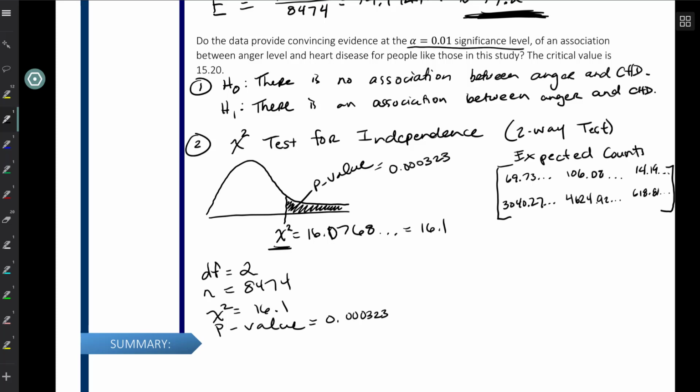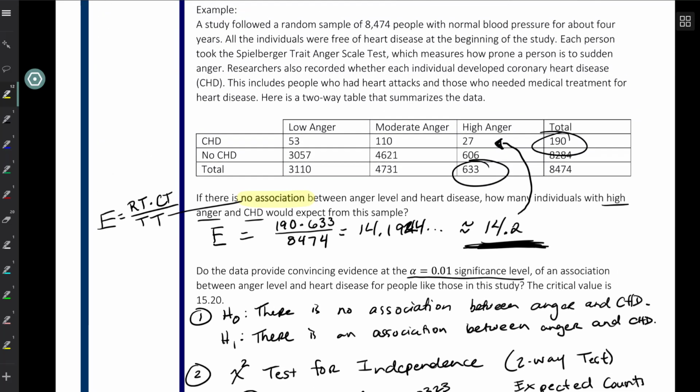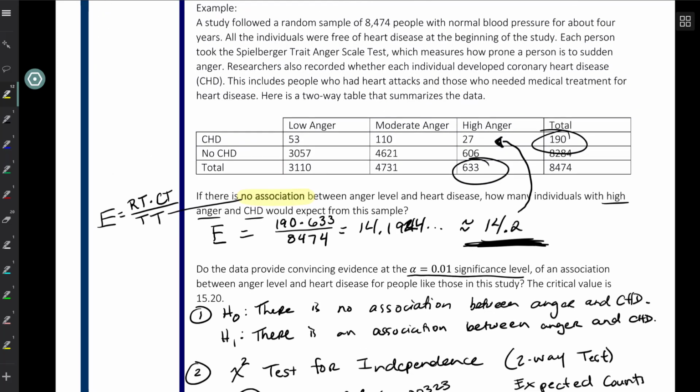Okay, so let's stop to take a look at what these results are actually telling us here, because this is actually really illuminating to me and very interesting. When I first see this, I look at the difference between high anger and moderate anger, and I start to think to myself, high anger should have higher levels of chronic heart disease, I should see more people. But the problem is we have such a huge difference in the number of people that classify themselves with those anger levels.